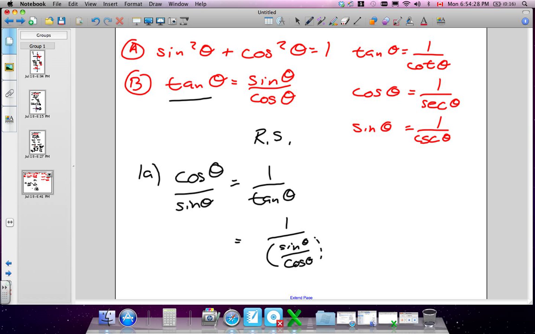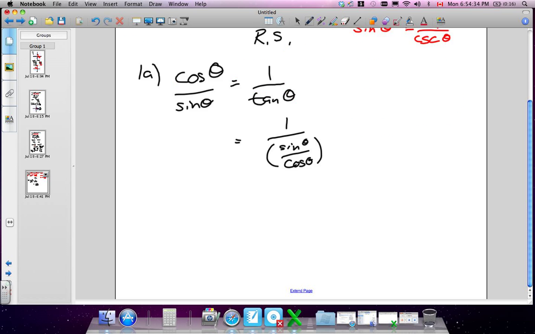But I have a fraction divided by another fraction. That gets really confusing. So what I'm going to do is change this into a number beside a fraction. So it's going to say 1 divided by, so remember that elementary style? Sine theta over cos theta. Now, if you remember, when I'm dividing fractions, 1 is essentially 1 over 1.